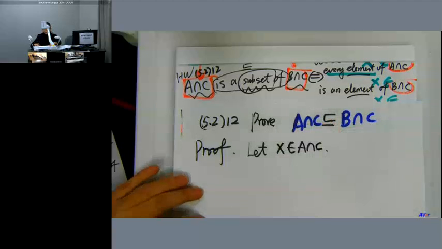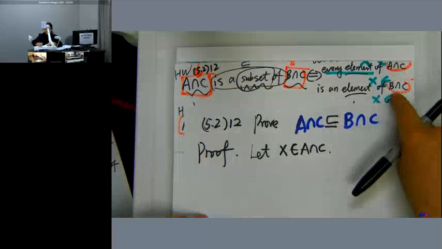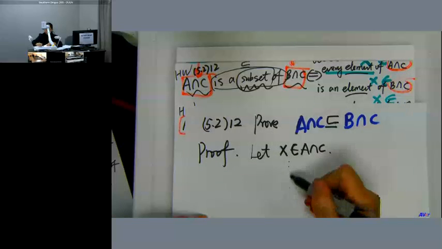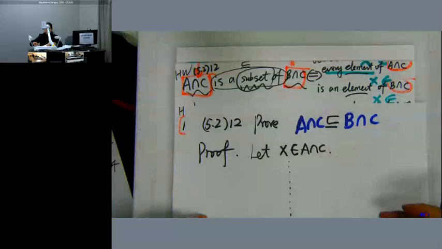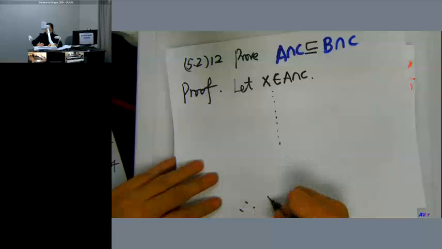I'll always use symbols. But what will your last sentence be? What's after you show all these arguments? This is the one you need to write down. X is very good. X is the element of B and C. So your last sentence would be, therefore, X is in B and C.